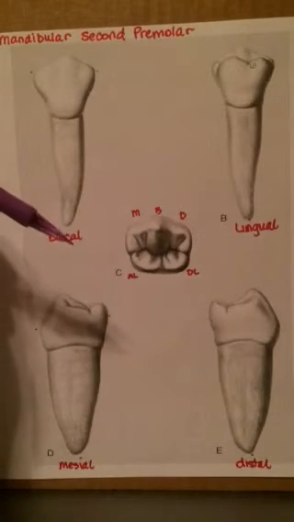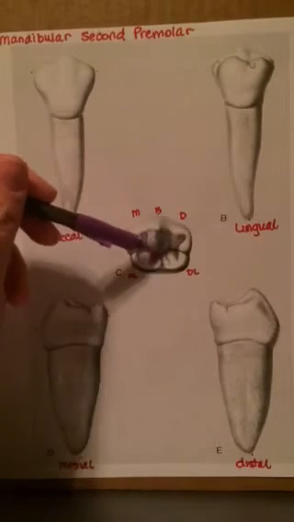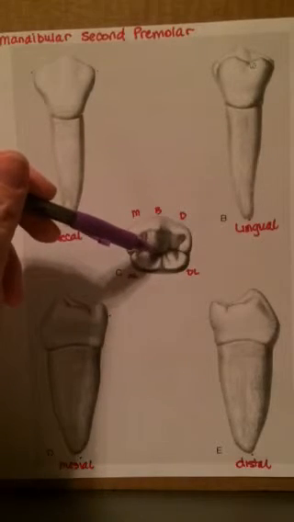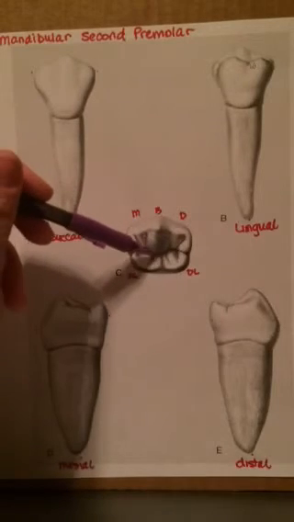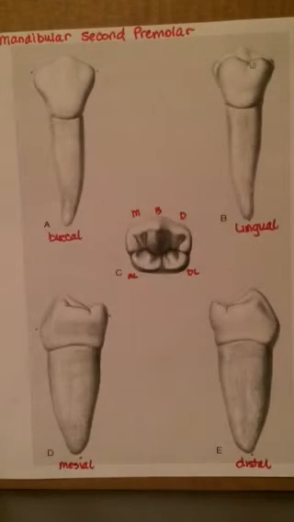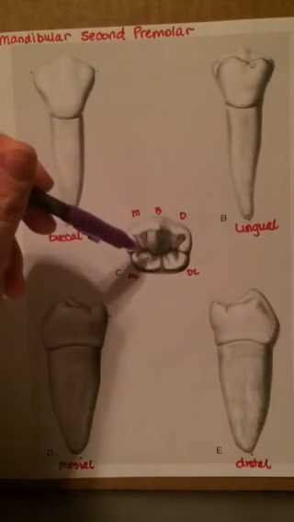The three developmental grooves are mesial, distal, and lingual. 3 pits may be present: central, mesial, and distal pits. Of the 3, the central pit is most likely to be present. The mesial and distal triangular fossa are also present.